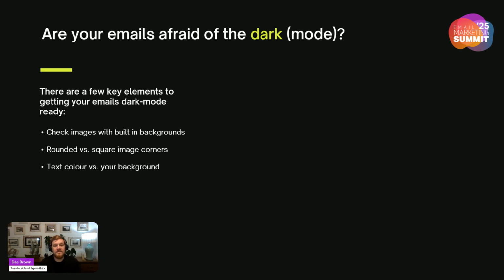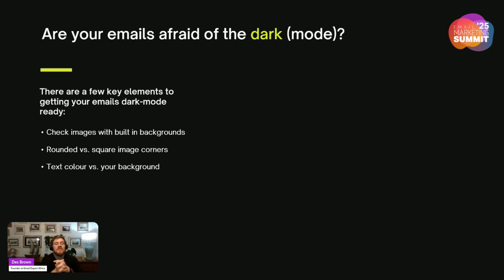The next of these is to ensure that your text color versus your background is solid. Remember, most editors default to black text on white. In dark mode, your email clients, your Gmails, your Outlooks, your Yahoos, your Apple Mails, they'll flip this, but they don't flip those colors or invert those colors consistently.